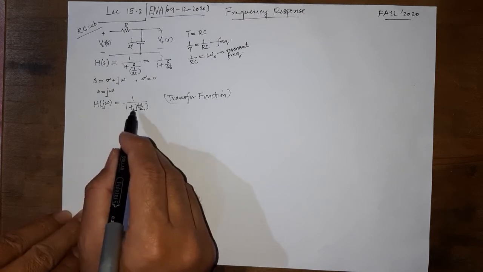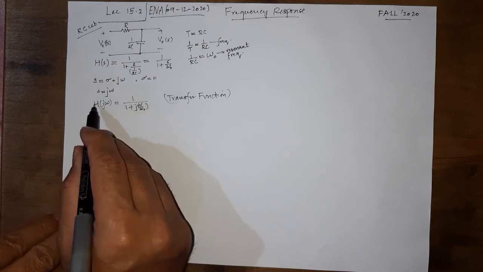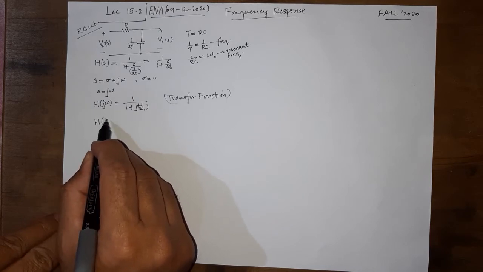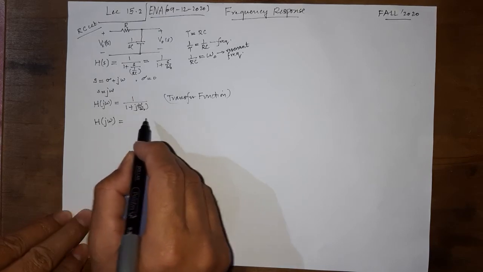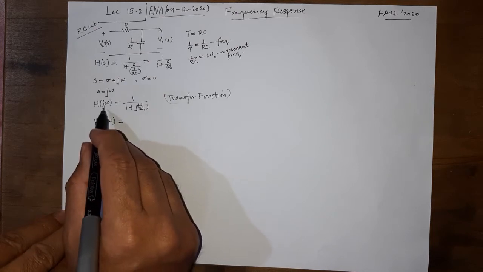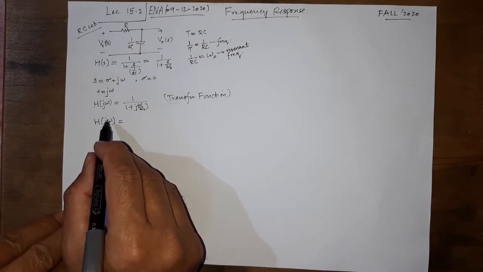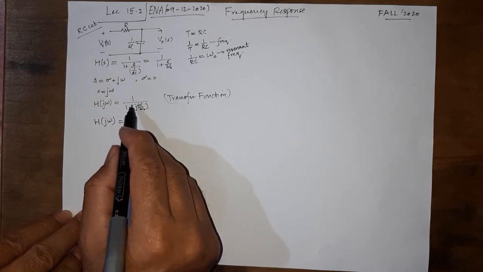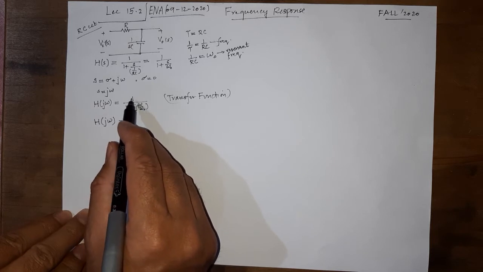So this is H of j omega. Remember, this is a complex quantity that we are going to get. H of j omega is not a phasor, because it is not a voltage or current. It is the relationship between two voltages, two currents, or a voltage and current.